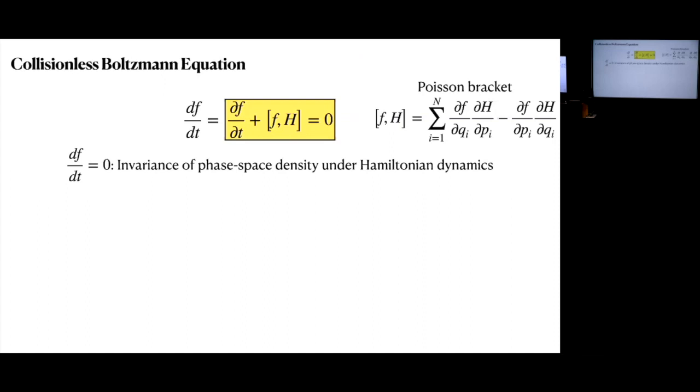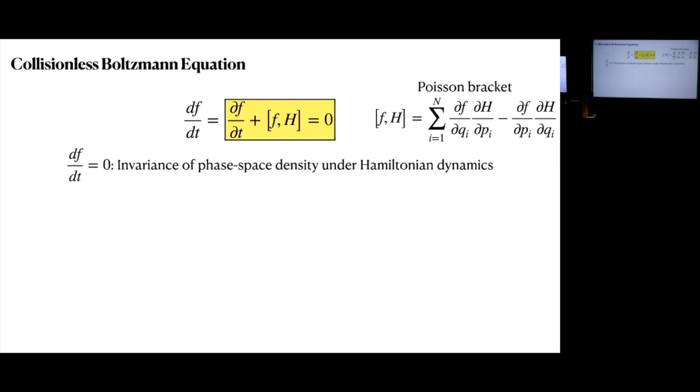So this equation is like a conservation equation. It is similar to the continuity equation in a fluid, which is a conservation of mass. In this case, it's the conservation of the phase space distribution function density. So we usually use this equation to model the dynamics of collisionless systems.